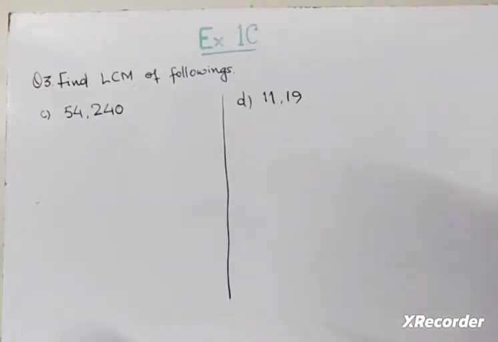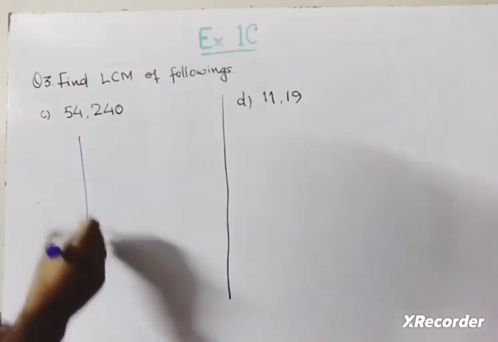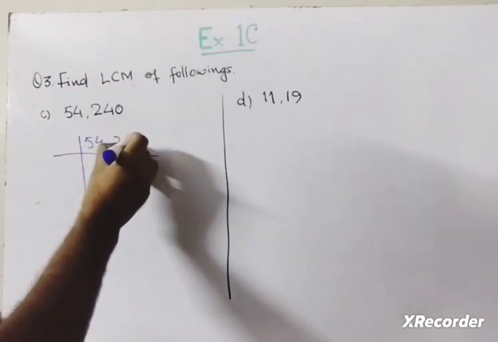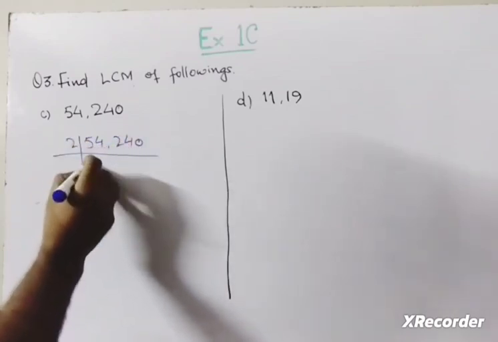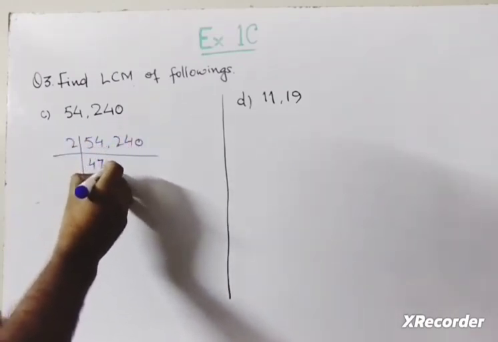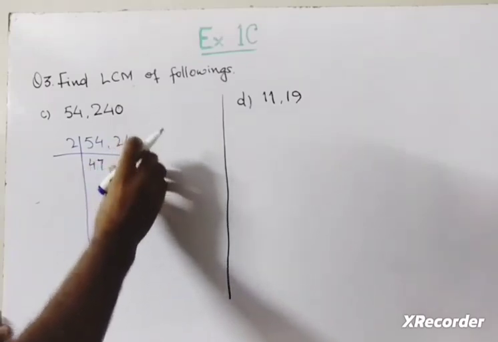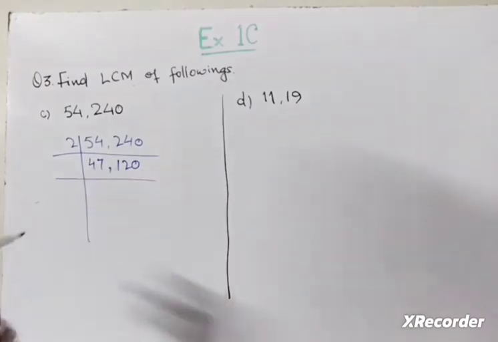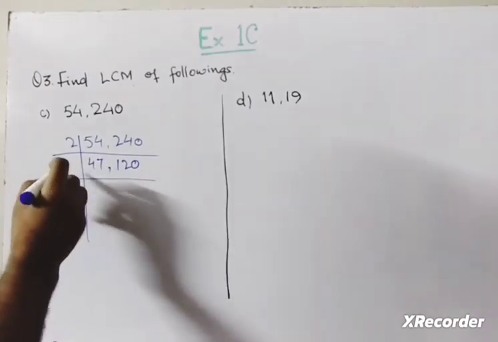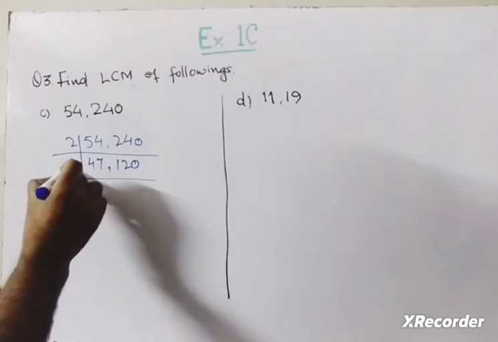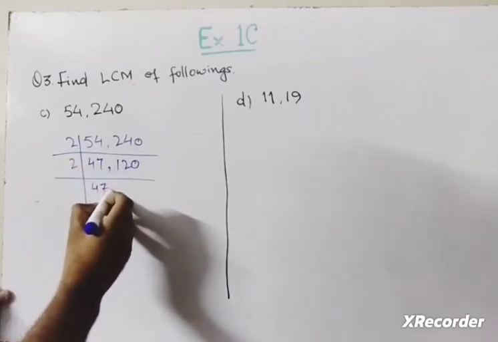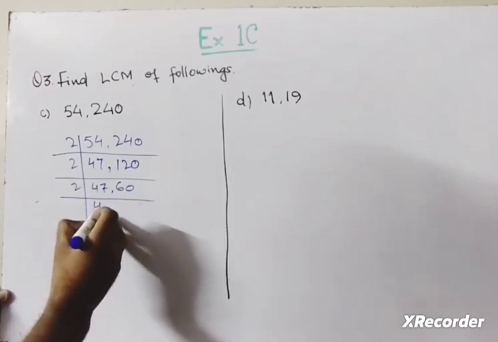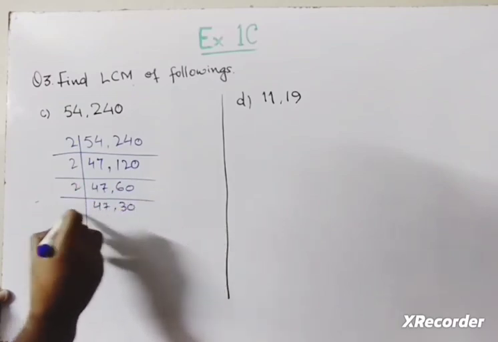Now for part C, 54 and 240. With 2 we get 27, 120. Now with 2 again, 27, 60. Again 2, 27, 30.